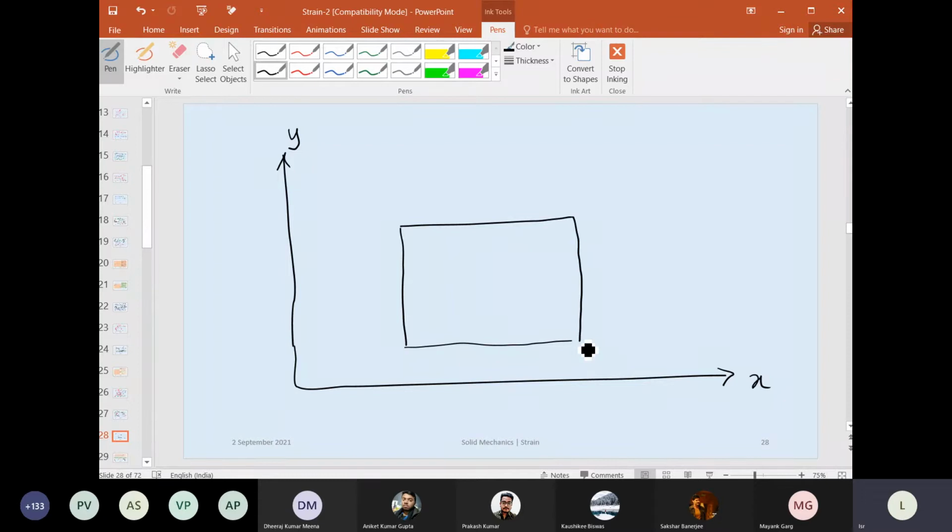Then instead of that, what I will do is put gamma xy by 2 here, and gamma xy by 2 here.